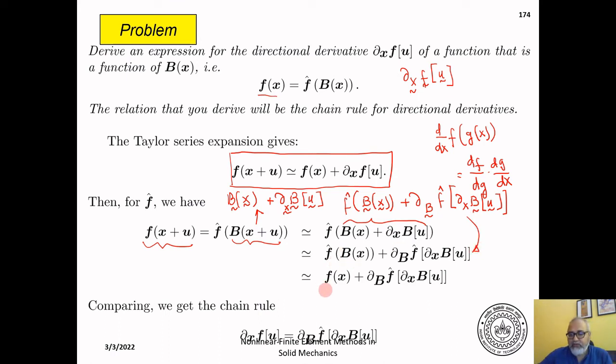Now f hat of b of x is of course f of x, and then this is the second term that we have.